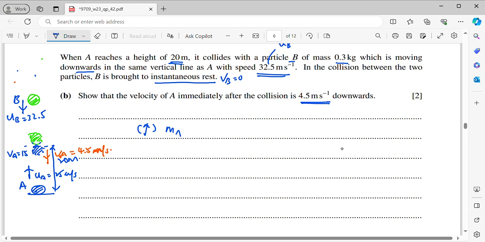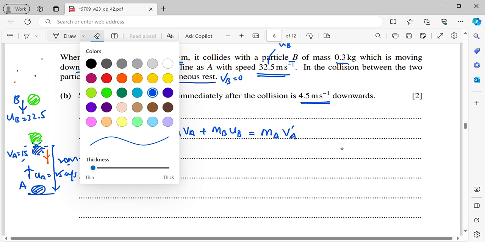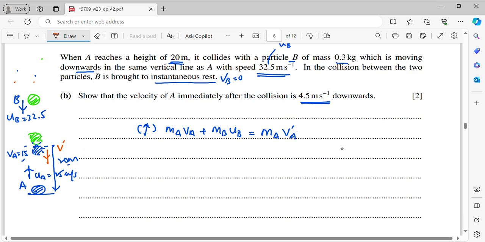So MA VA plus MB UB equals MA V1A, or V prime A. So I will label here as V prime A. Then plus MB VB.